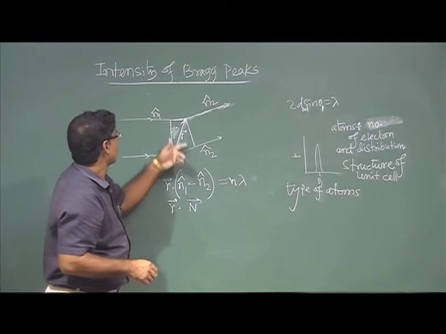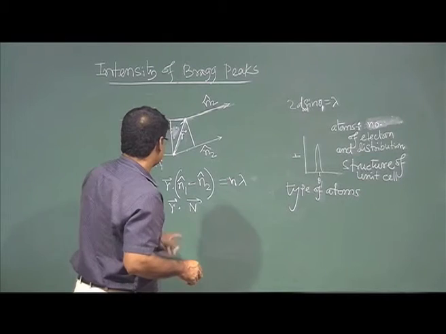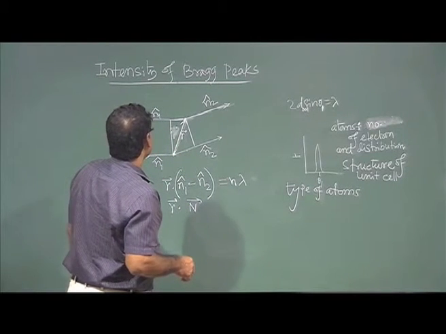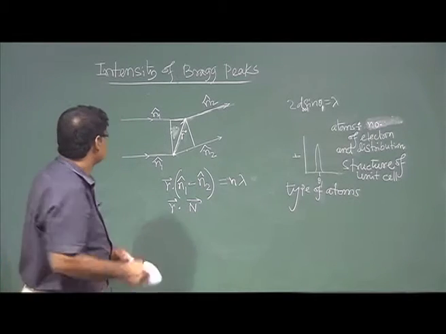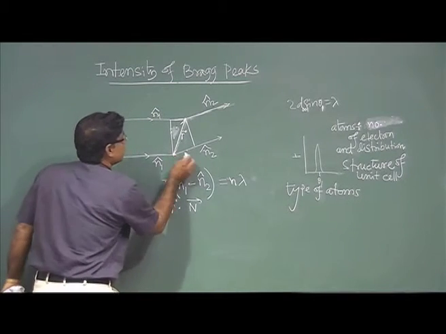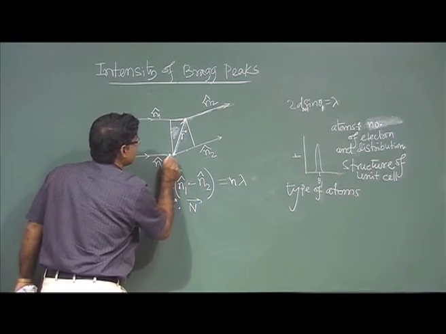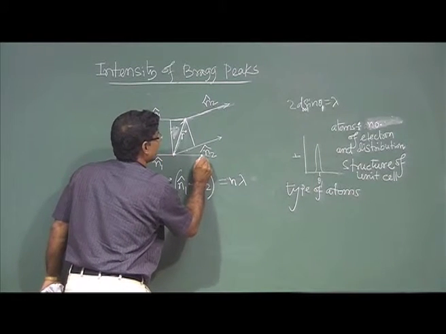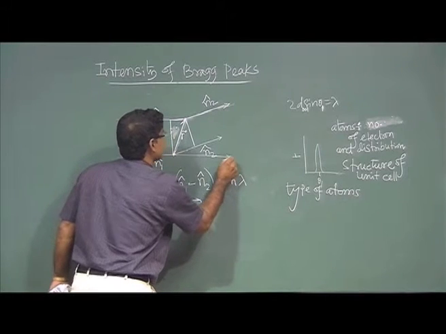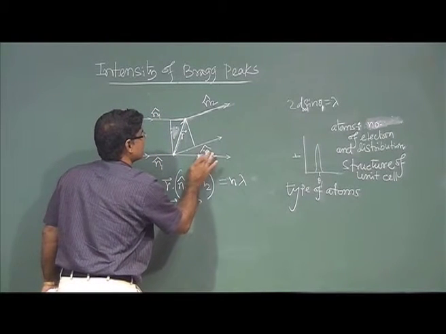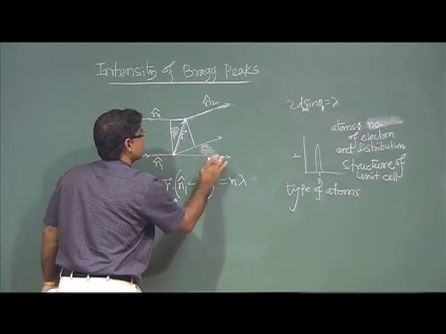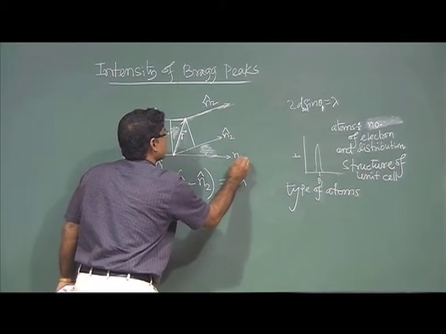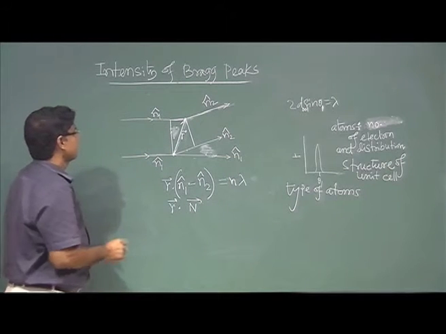So what is this vector capital N? This is the n2 direction and this is the n1 direction, right.